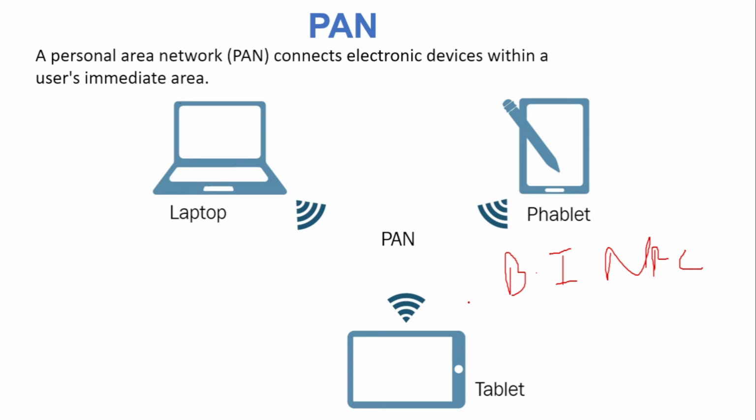But they can also connect using a cable, such as a USB cable. PANs are generally used to transfer small files like photos, music, etc.